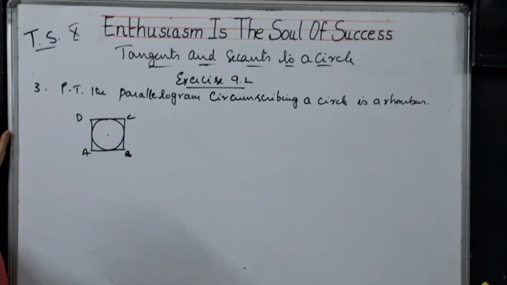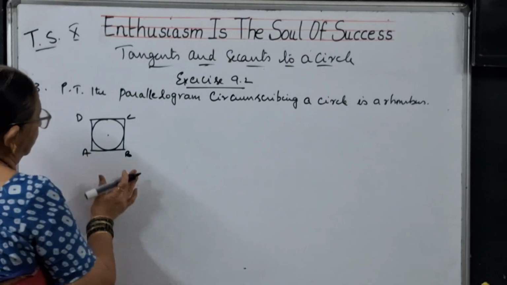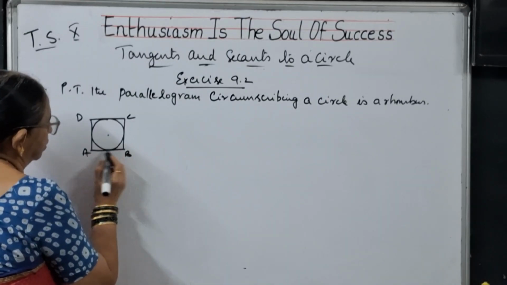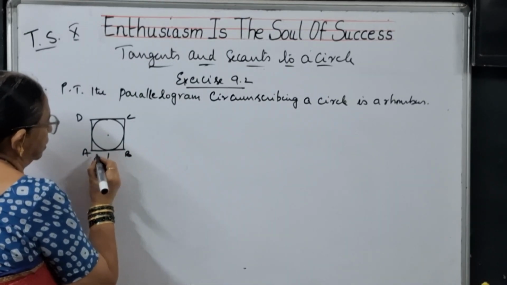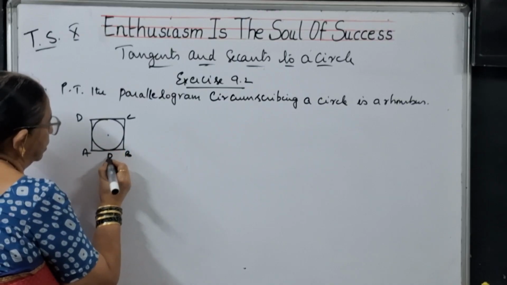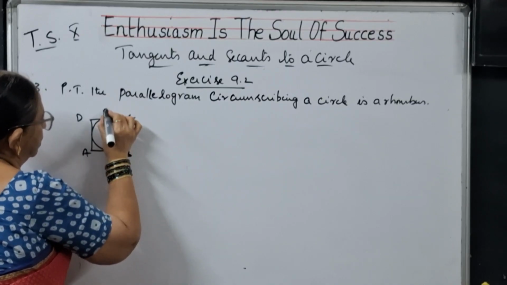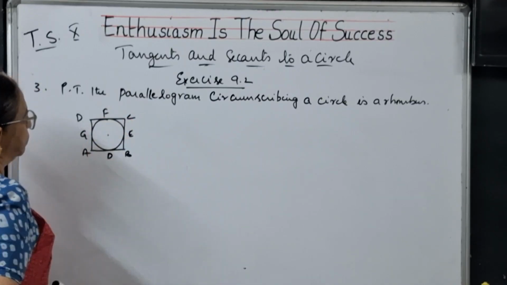You need to prove that this parallelogram is a rhombus. Here the sides are touching the circle at E, F, G, H.